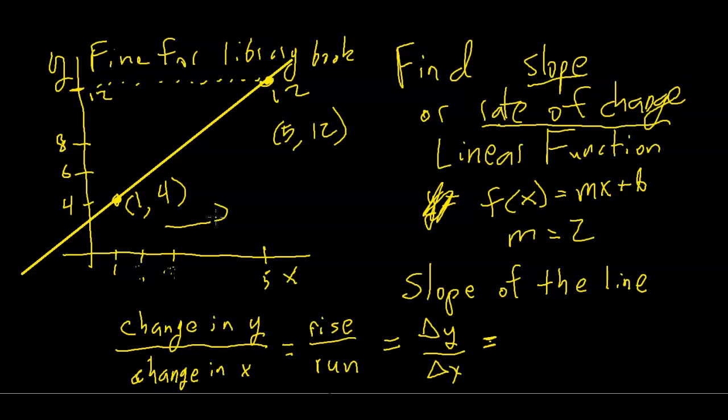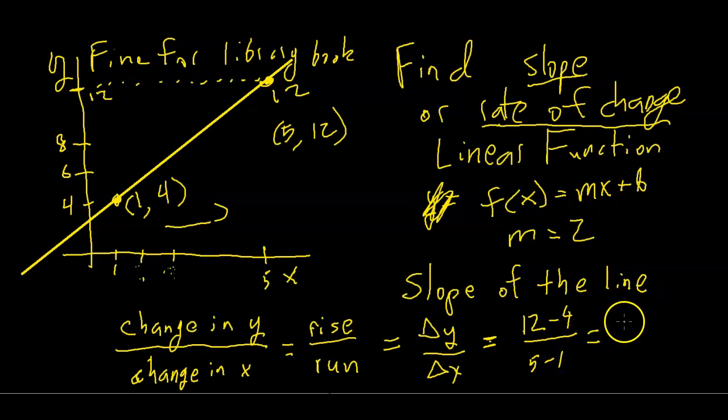So between the point 1 comma 4 and the point 5 comma 12, what's the rise? Well, the rise is the difference between 12 and 4, that's 12 minus 4. And what's the change in x? The change in x is the difference between 5 and 1, that's 5 minus 1. How far you go to the right.